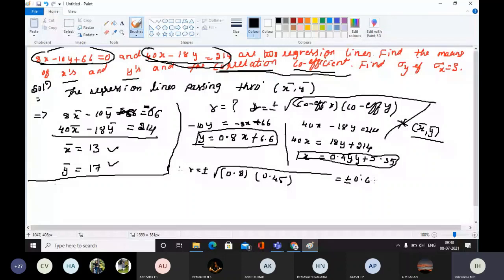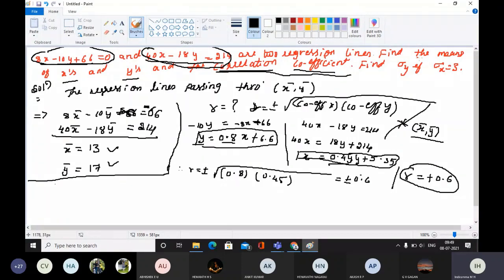So R is equal to plus or minus 0.6. We should take plus 0.6 because the coefficients of x and y are both positive. If both are positive, you take the plus sign for the coefficient of correlation.